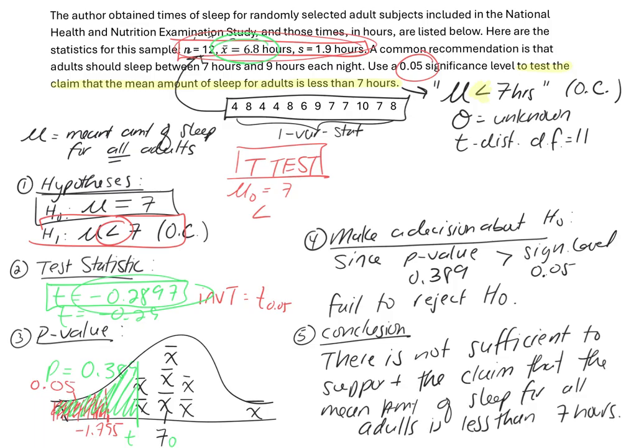Again, this makes sense because if we go back to step 1, let me use blue here, notice that our original claim is that alternative claim. The evidence doesn't support that because we ended up not rejecting the null hypothesis. So therefore, the evidence does not support our original claim.